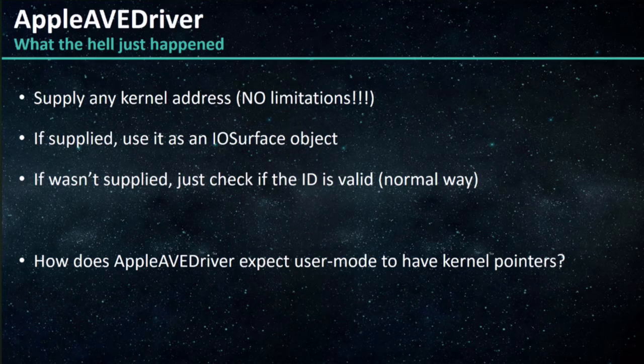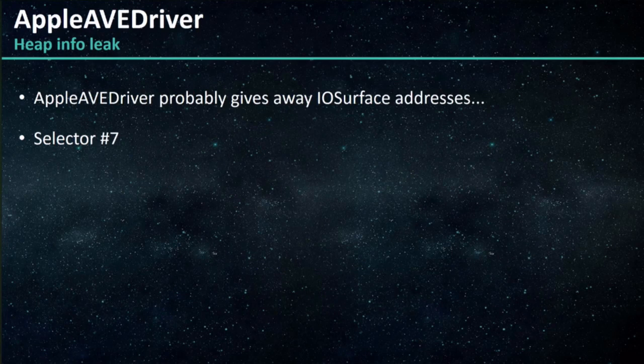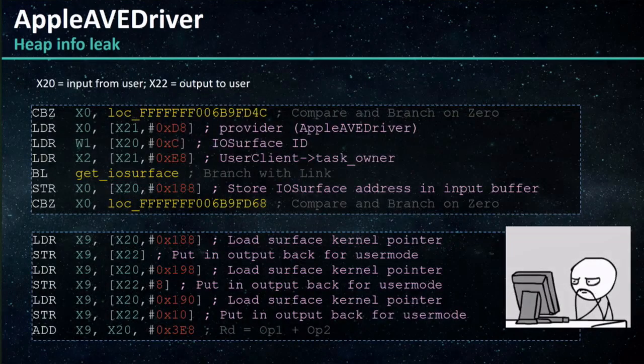So one thing that surprised me with that behavior is why the kernel is expecting the user to actually give in kernel addresses. I said someone must probably supply those kernel addresses to the user. So I looked for that, and in selector number 7, I saw that just like before, we can supply a surface ID.